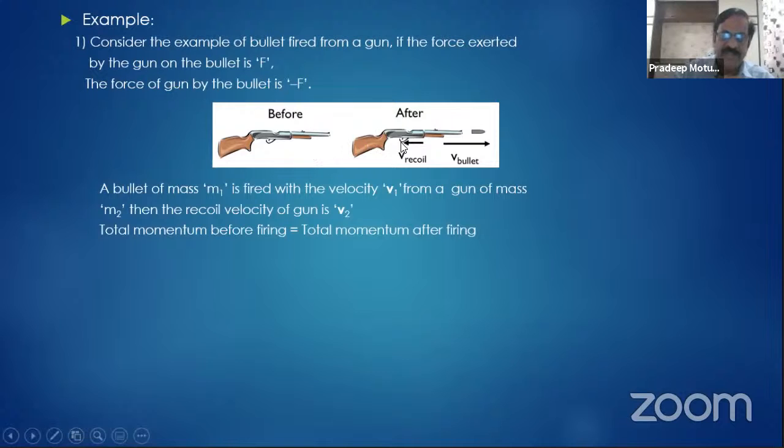So when you are firing, what happened? The bullet comes out from the barrel and the gun recoils. So you can have the total momentum before firing equal to the total momentum after firing.